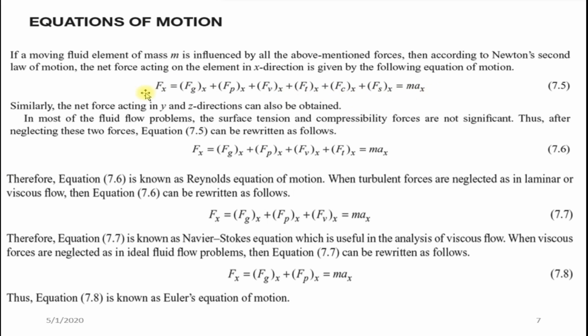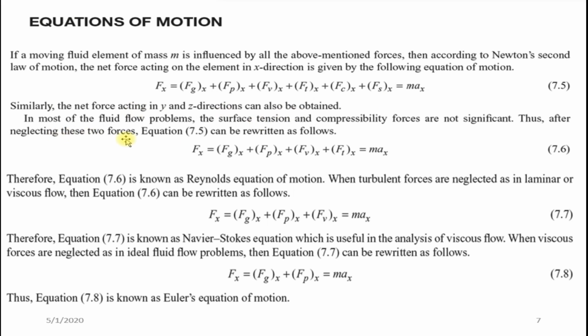So Newton's second law tells that the force acting on the fluid element is equal to mass into acceleration. Similarly, the net force acting in y and z direction can also be obtained. You have to replace x by y and x by z.